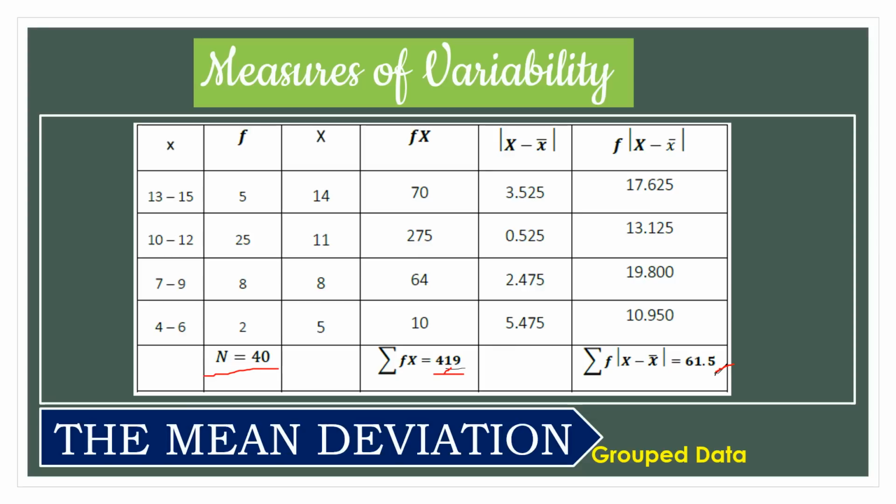The sum of the product of the frequency and the class mark is 419, and the sum of the product of the frequency and the difference between the class mark and the mean is 61.5. We can substitute all of this to our formula.